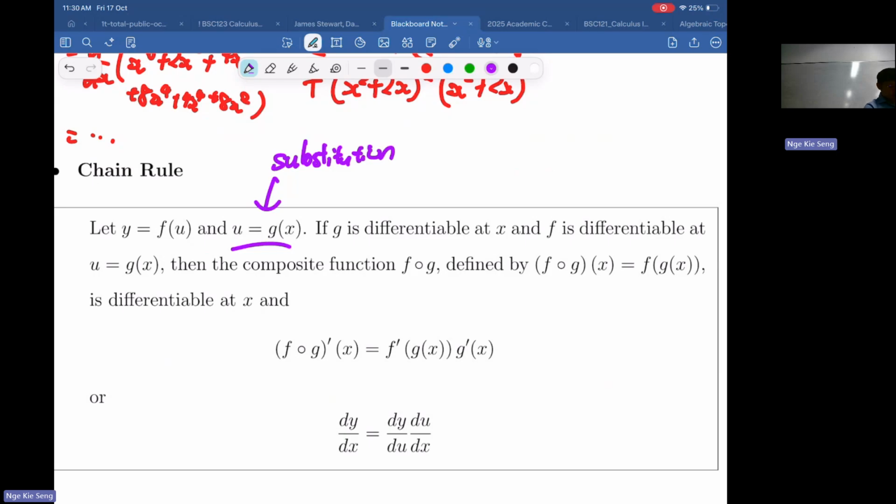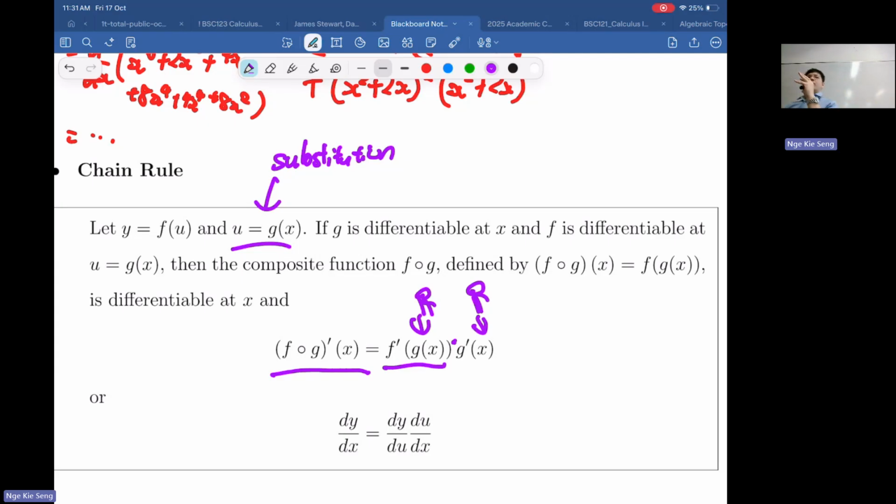So how to differentiate the composite? First, you differentiate your f at g of x and then multiply. This is multiply and not composite anymore. Just multiply with the derivative of g of x. Because after differentiating, these are just two numbers. So I just multiply the two numbers together.